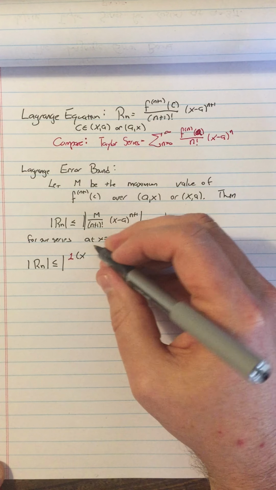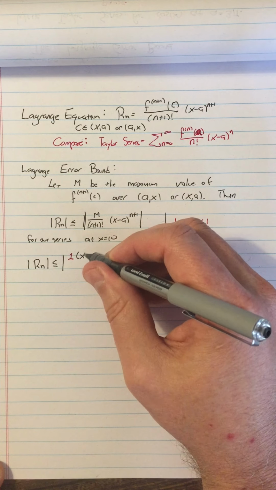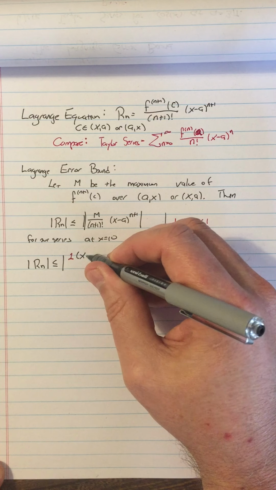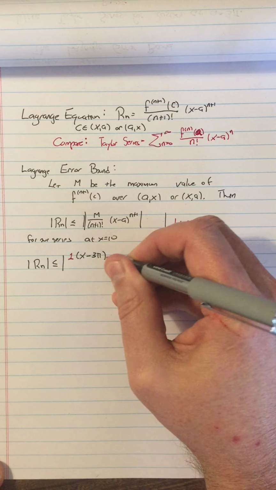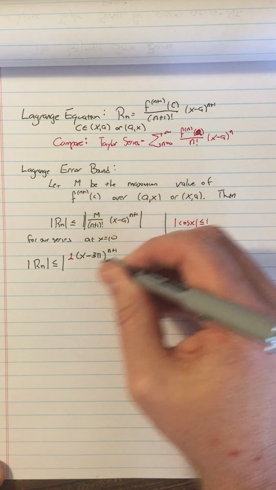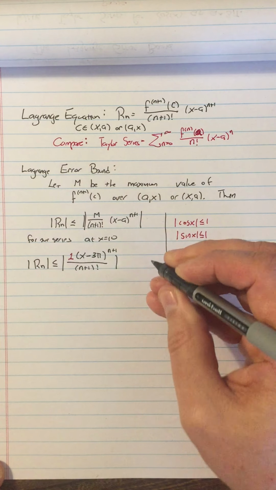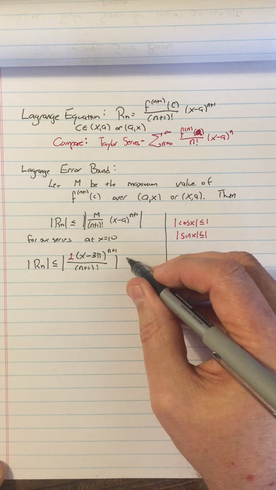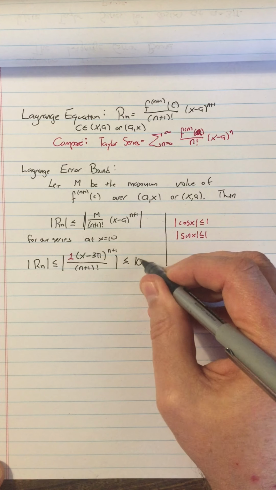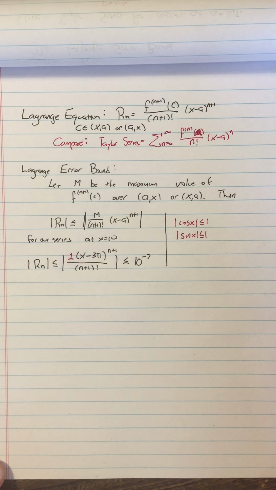I could put the 10 in right away, but I didn't, so let's just keep going where I'm at. Times x minus 3 pi to the n plus 1 over n plus 1 factorial. And we wanted that error to be less than or equal to 10 to the negative 7th power to get 7 digits of accuracy.